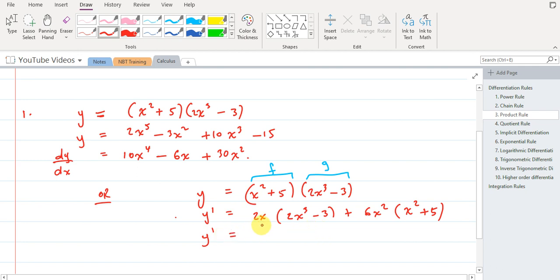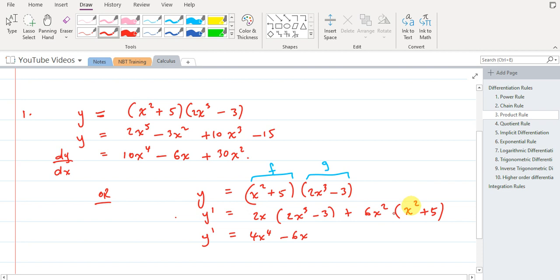Yes, we should. 2x times 2x cubed, which is 4x to the power 4 minus 6x.